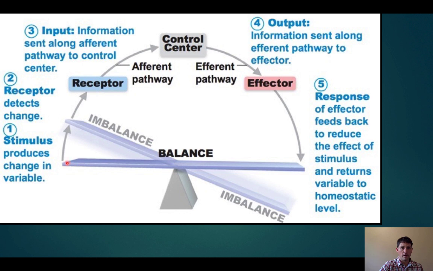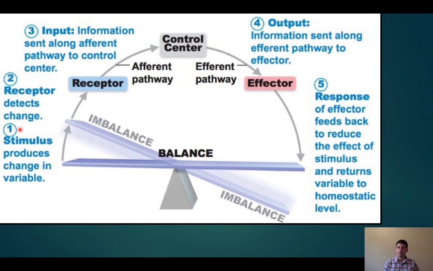So what do we have here? Here's our balance beam. We've got our triangle, our little fulcrum, and we've got our balance. When that comes out of balance, what this is showing is, we've changed. Number one here shows that there's some kind of stimulus. The external environment might be too hot or too cold.